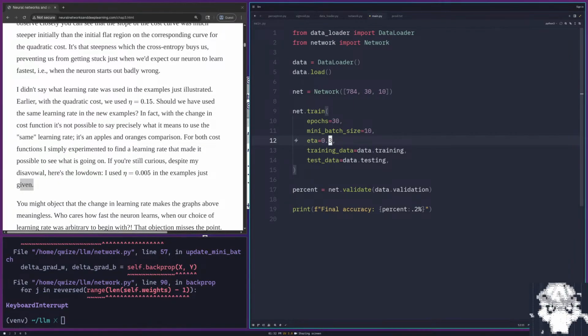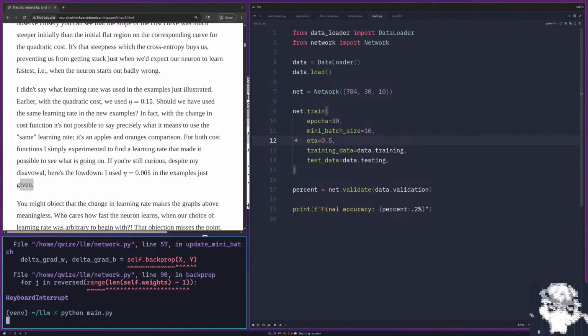So were we best between 0.3 and, let's do a little higher than 0.3 and a little lower than 0.3. So start with 0.5.